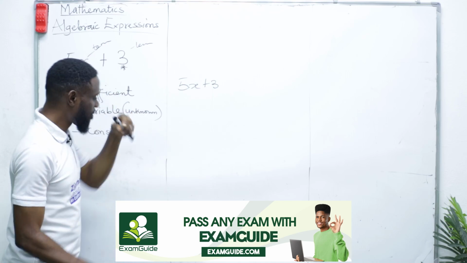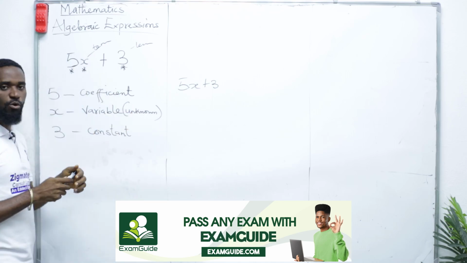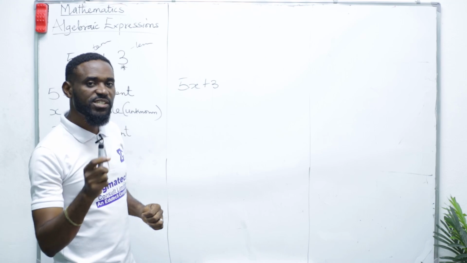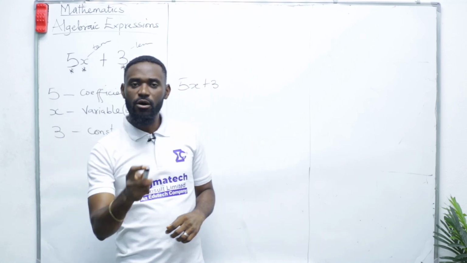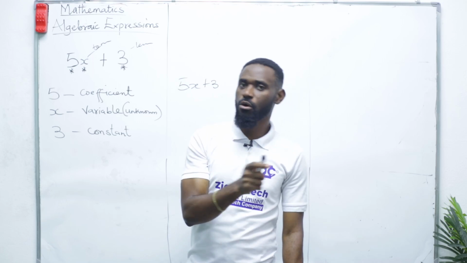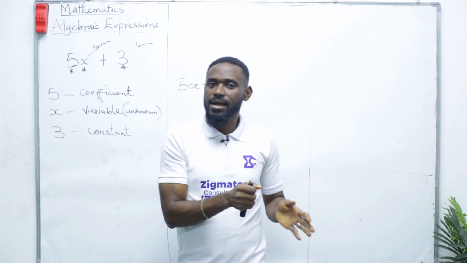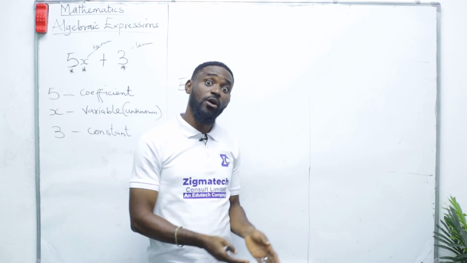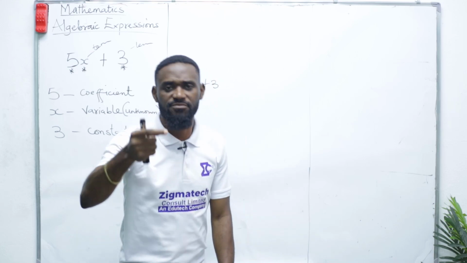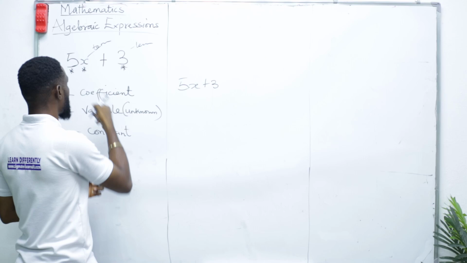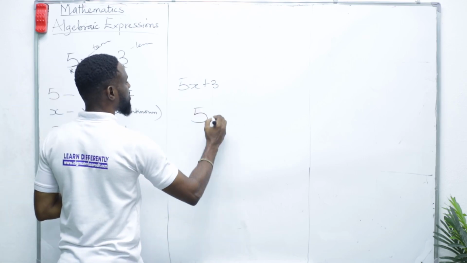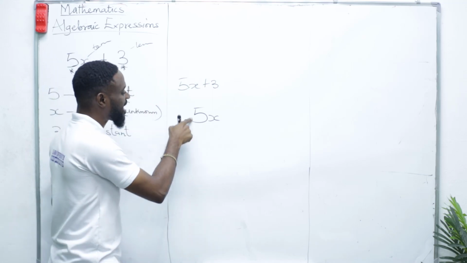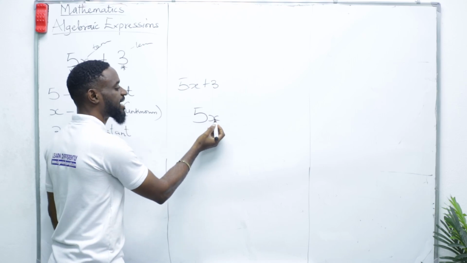So the point we made here first is that 5 here is called the coefficient. What is a coefficient? A coefficient is a number or a value that is before a variable, or a value that is multiplying a variable. Now look at this 5x. Hope you can see it clearly there. There is a relationship between this 5 and x.